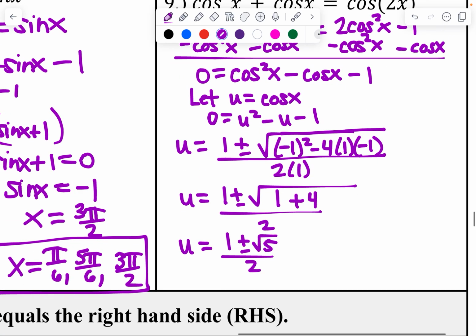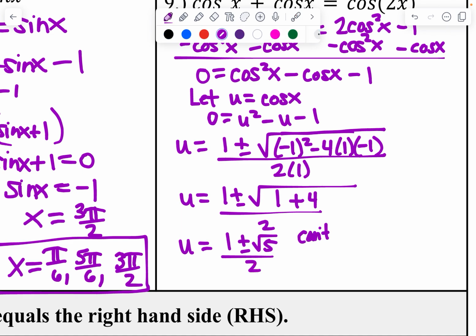Now we have to think about things for a minute. So u is actually cosine of x. And if we would do 1 plus the square root of 5 divided by 2, that's going to be bigger than 2. So we're going to have something bigger than 2 divided by 2. It's going to be bigger than 1, which means we can't use it.